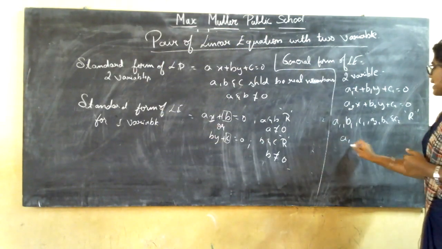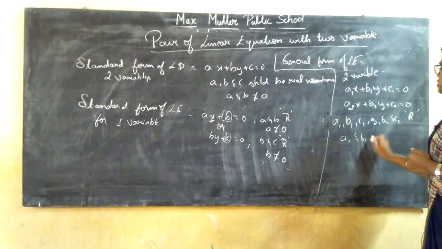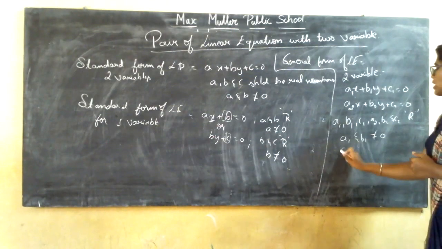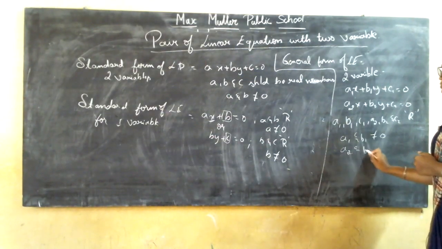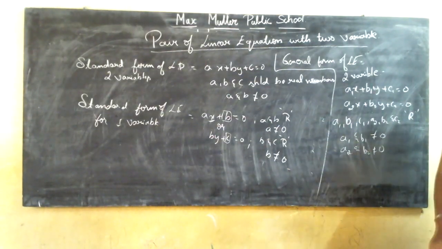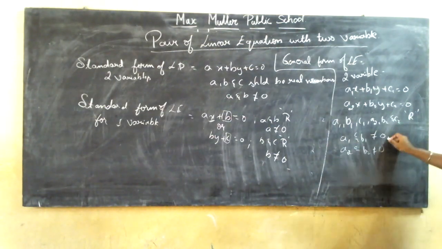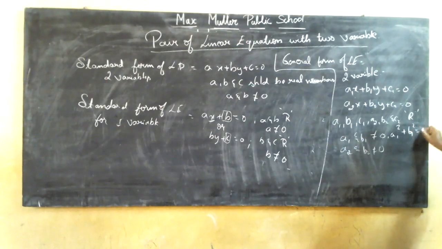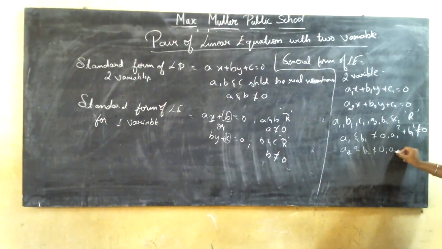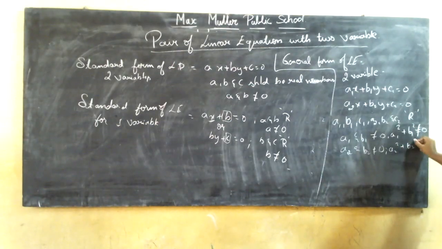That a1 and b1 should not both be equal to 0, a2 and b2 should not both be equal to 0. Then you have another condition, that is a1 square plus b1 square should not be equal to 0, and a2 square plus b2 square should also not be equal to 0.